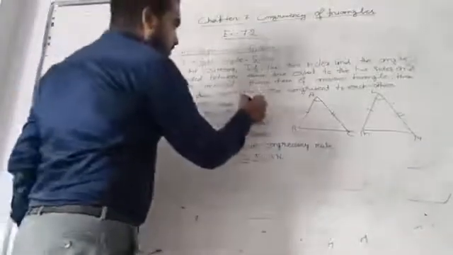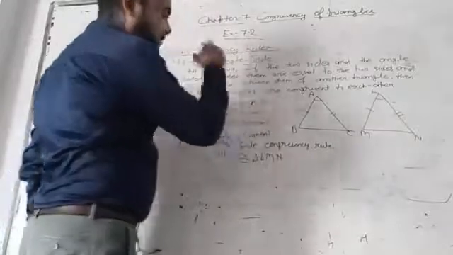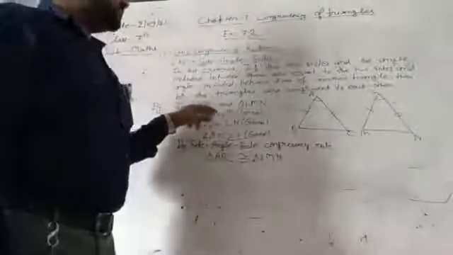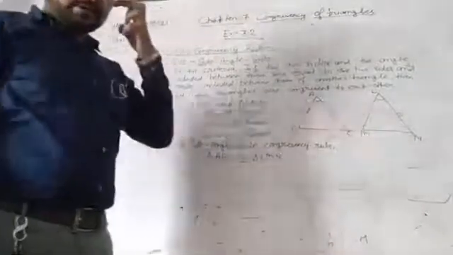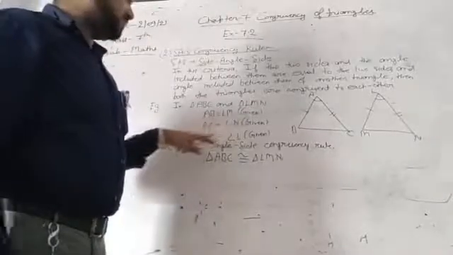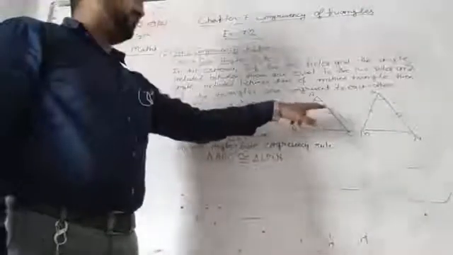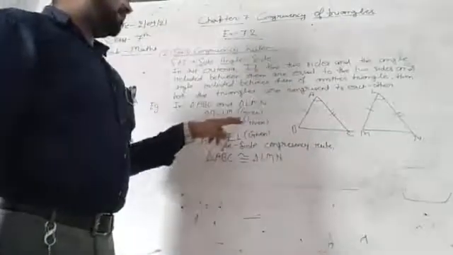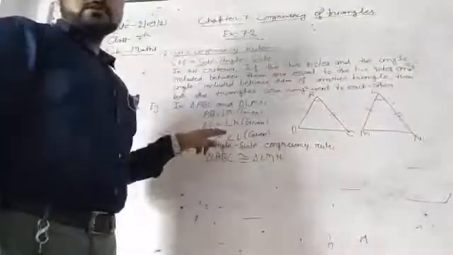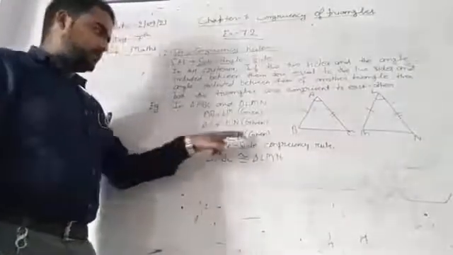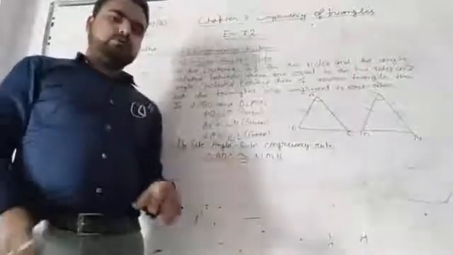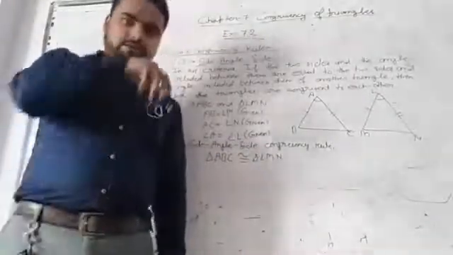To clarify our criteria, we take an example in triangle ABC and triangle LMN. Side AB is equal to LM, that is given. Side AC is equal to LN, that is also given. And angle A, which includes these two sides, for triangle ABC and angle L for triangle LMN, these two angles are equal to each other, that is also given. So by the side angle side congruency rule, triangle ABC is congruent to triangle LMN.